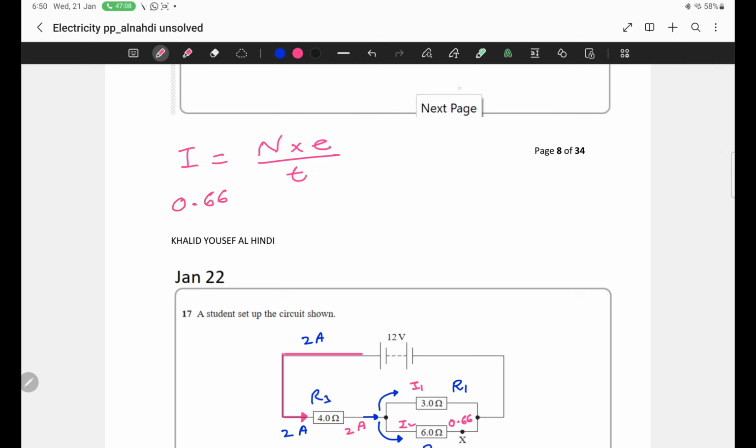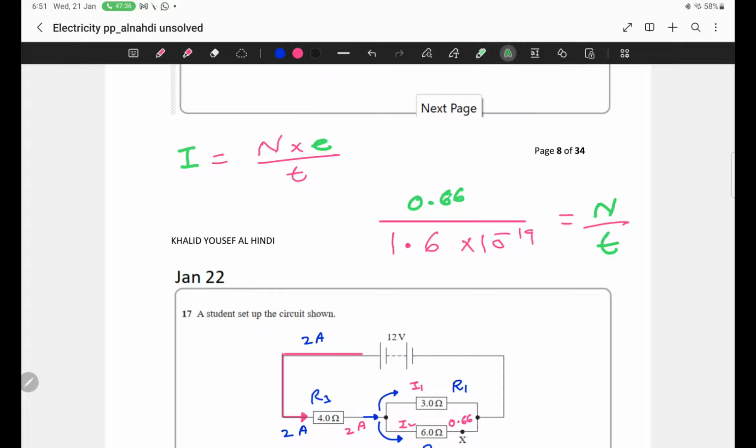Sir, e is 1.6 exponent minus 19. So n upon t, which means number of electrons per unit time, is current 0.66 divided by e.